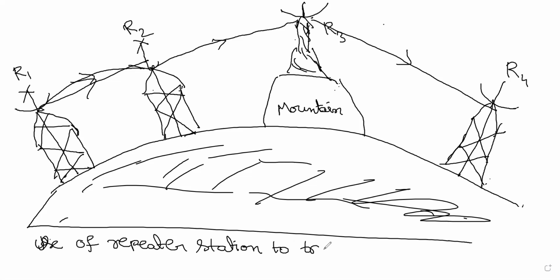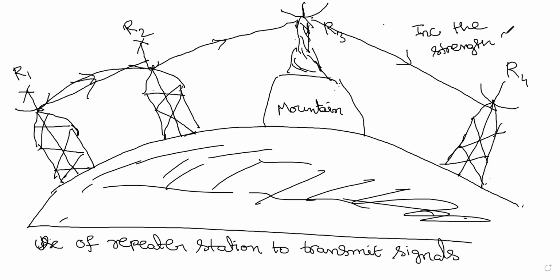And this increases the strength of communication. It increases the strength of communication. So that's what the repeater does. And this is a very important topic. And this completes our second part.